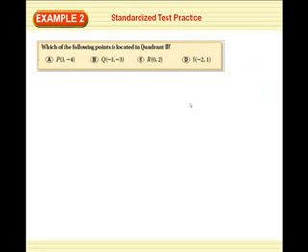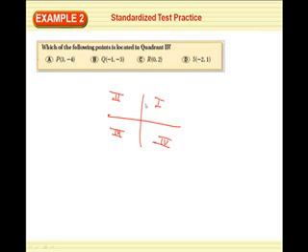Which of the following points is located in quadrant 2? Now let's talk about these quadrants for a second. Quadrant 1, quadrant 2, 3, and 4. If you think about quadrant 2, this is the one I just messed up on. If you move in this direction first, all the x's are always going to be negative, and you go up, the y's are always going to be positive. So it's a number that's a negative and a positive.